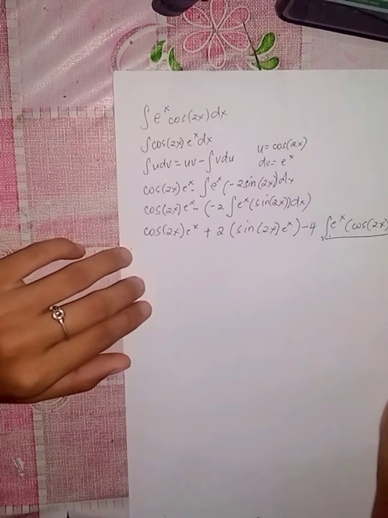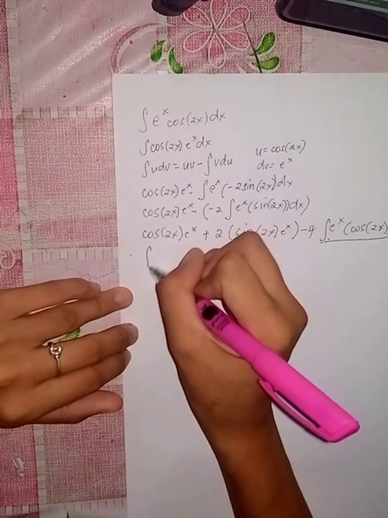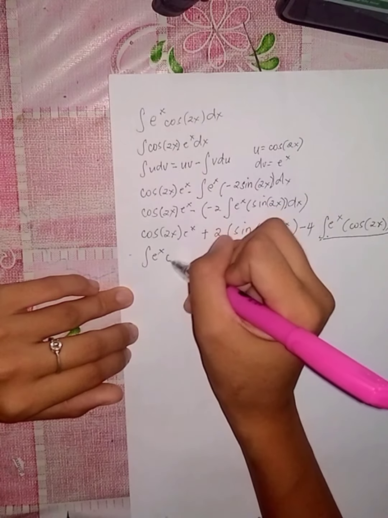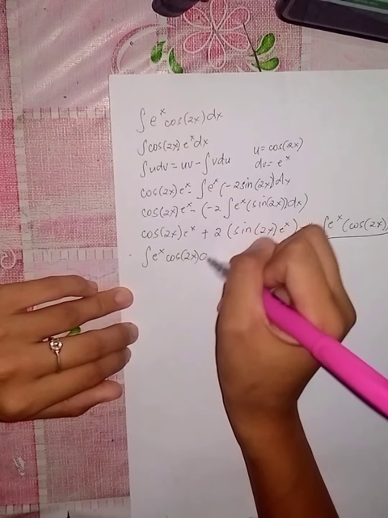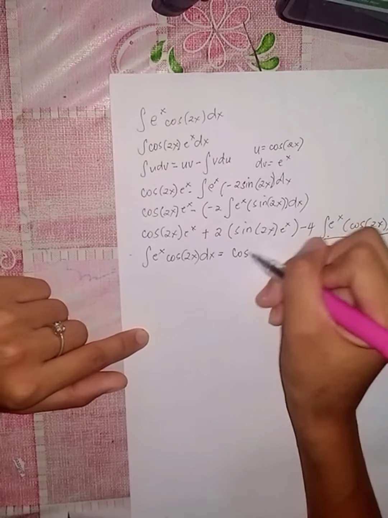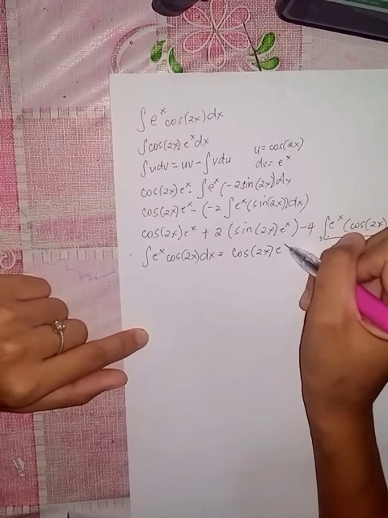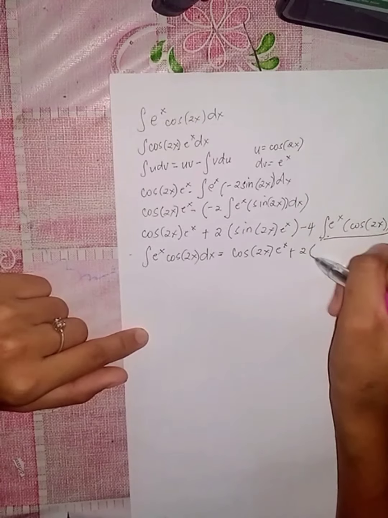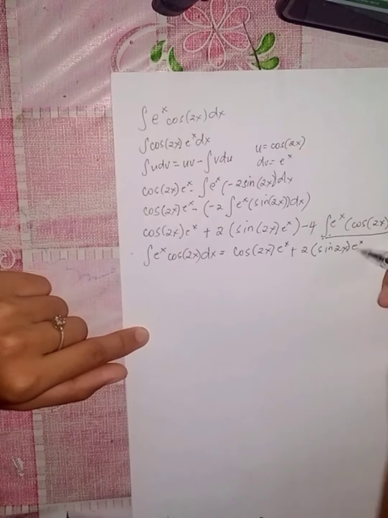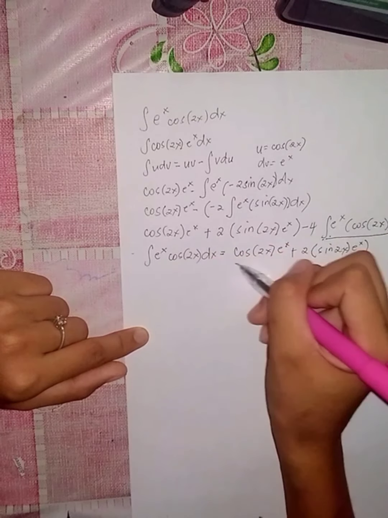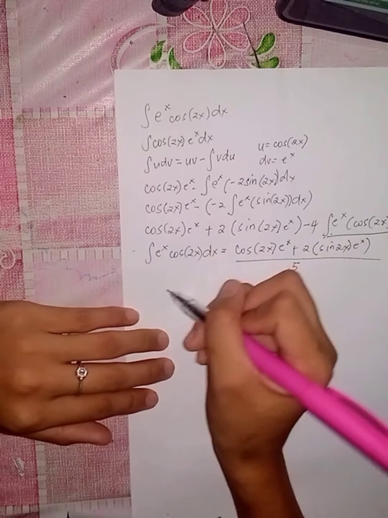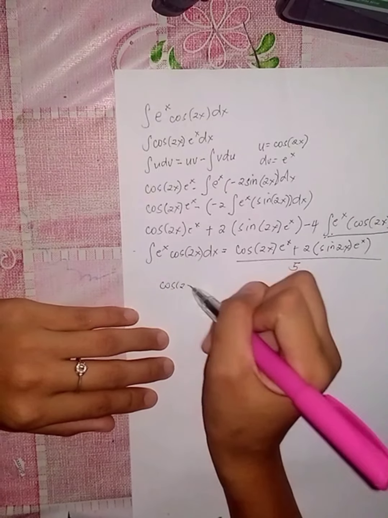So magiging, we find that the integral of e raised to x cos 2x dx is equal to cos 2x e raised to x plus 2 sin 2x e raised to x over 5. Then ibababa natin to and then add the constant c.